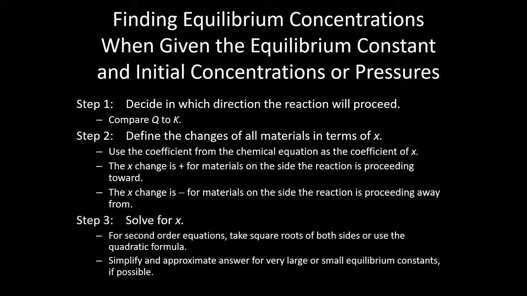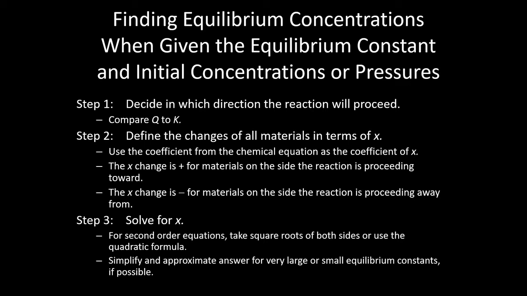Step 2, once we know which direction the reaction is moving in, we are going to define the changes of all the materials in terms of x. So we're going to say, I don't know how this molecule is changing, specifically. I don't know what the numerical value is, but I know this molecule is changing by some amount, and I know that this other molecule is going to change by that same amount.